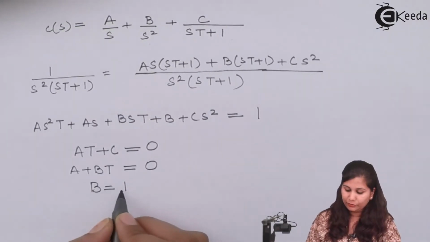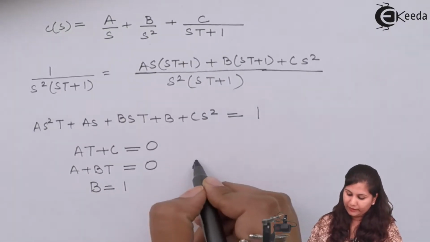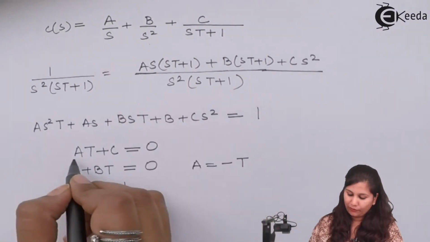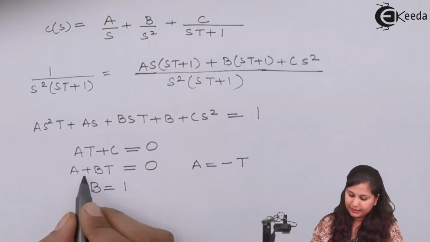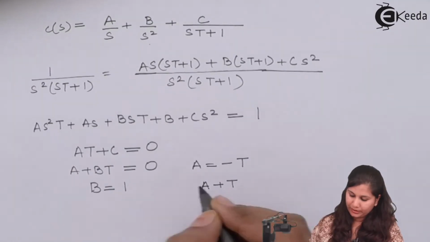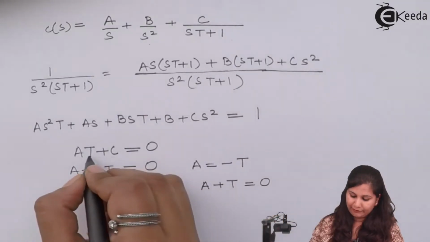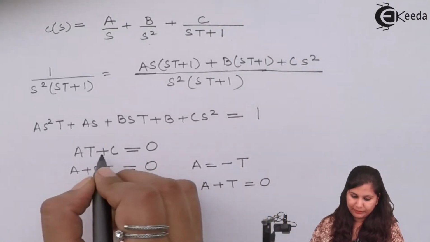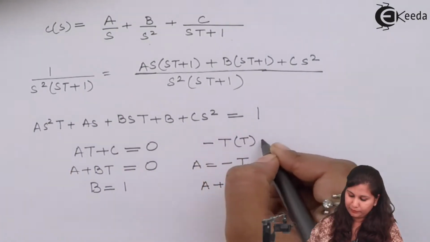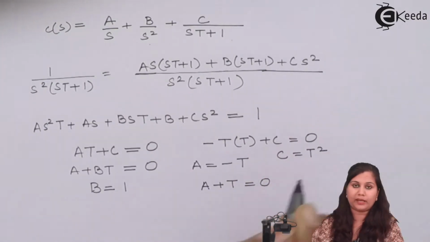Now putting the value of B in this equation, we will get the value of A. A plus T equals 0, so A equals minus T. And if we put this here, then C will be equal to minus T into T plus C equals 0, so C is equal to T square.